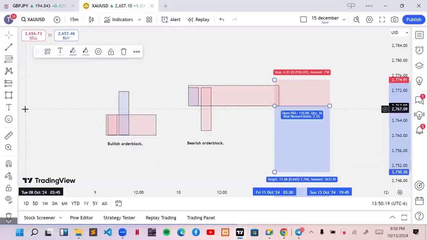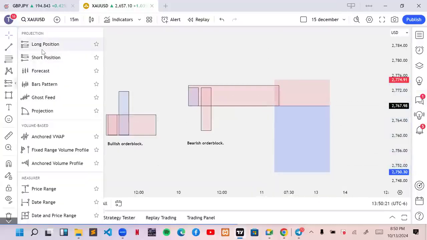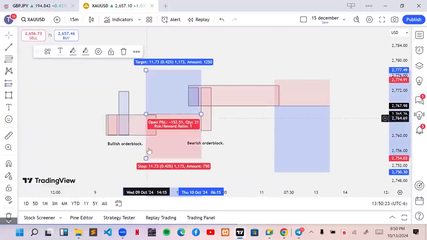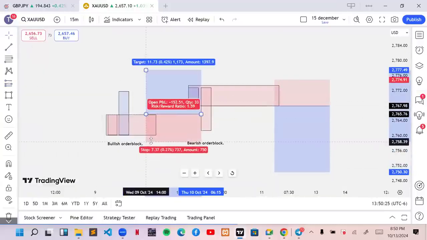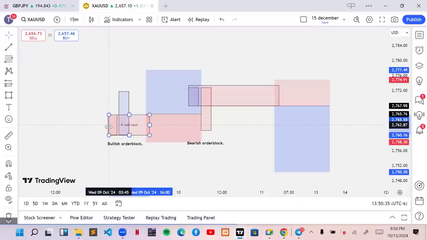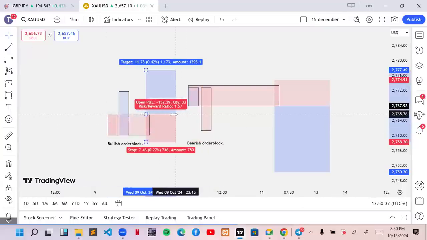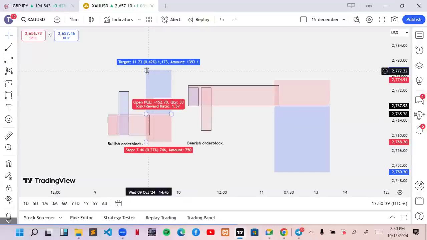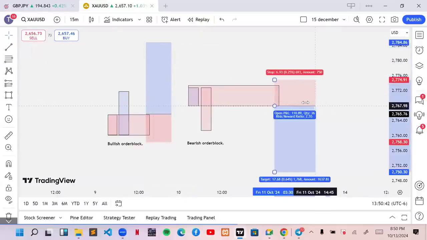If it's a buy, take your buy from here, the demarcation, and put your stop loss just below. Because of spread, you can put it 4 or 5 pips below, just to be safe from spread, below that candle that you picked your entry from, that order block candle. So this is the bullish order block for taking buys, and this is the bearish order block for taking sells.